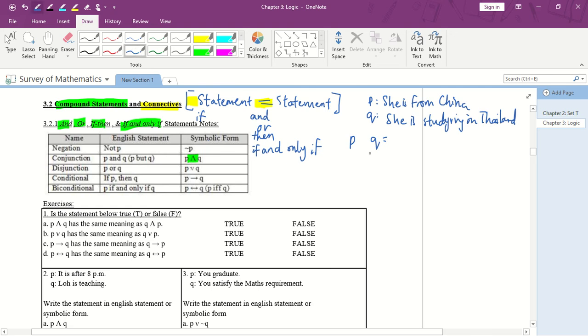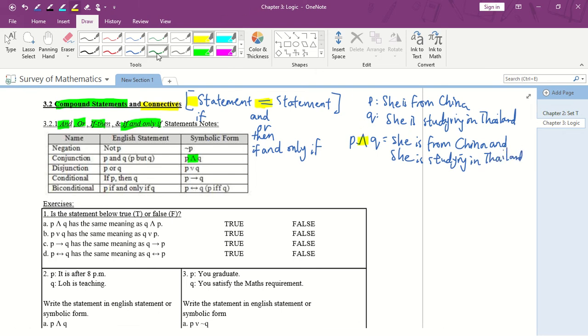P and Q: she is from China and she is studying in Thailand. However, this sign also represents the word but, so I can change it to: she is from China but she is studying in Thailand.